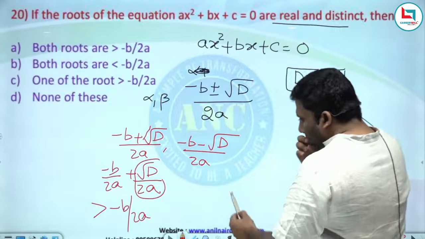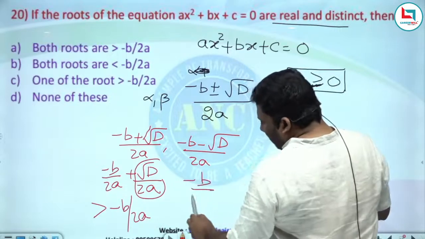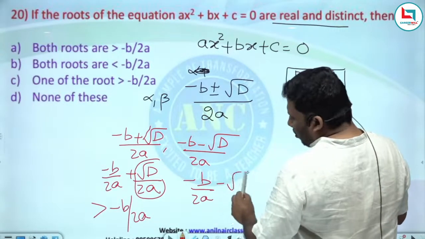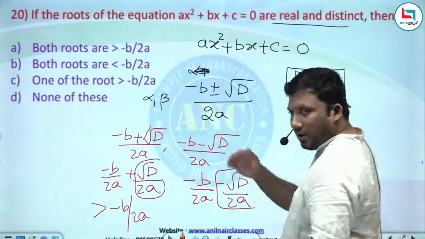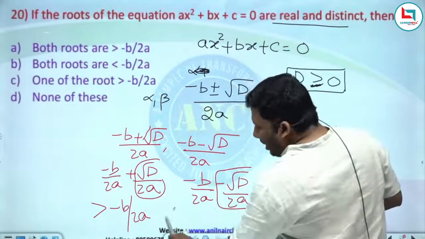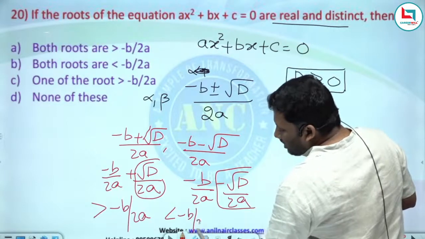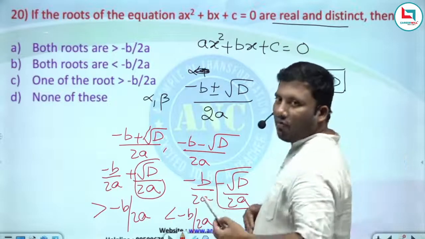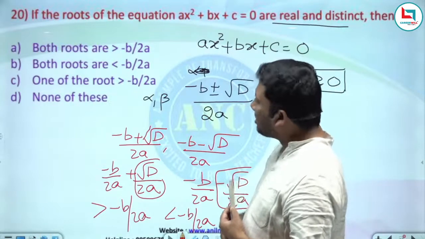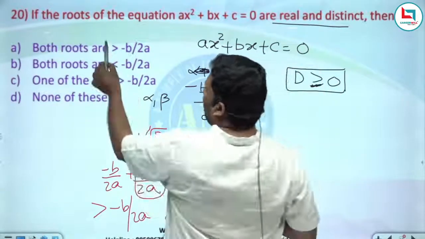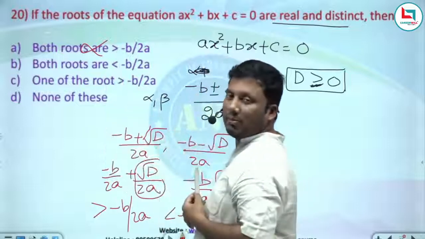One root. Another root, minus b by 2a minus root of d by 2a. D is positive. From minus b by 2a, I am decreasing it. Another root will be less than minus b by 2a. One root is greater than minus b by 2a. Another root is less than minus b by 2a. Both the roots are greater than minus b by 2a?